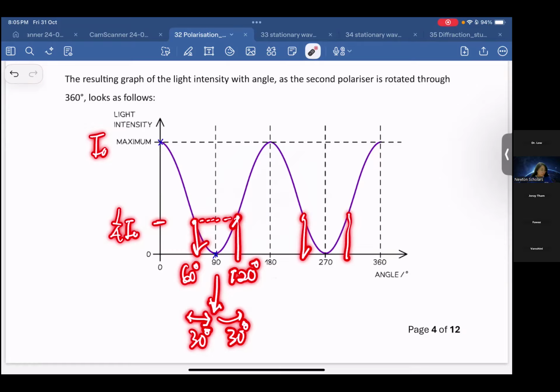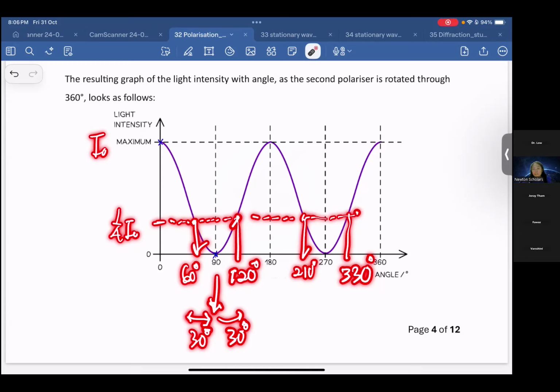Then after that, you can get here 210 degrees, and this one continues to 330. That's why we got a few answers. As long as any angle that you propose can give you 1 over 4 IO, that is our answer. Either one, but not 60.